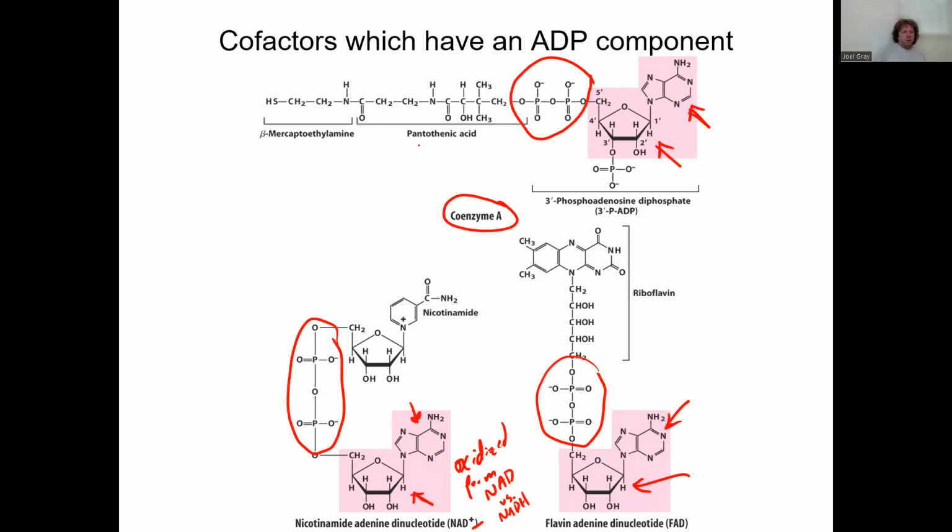What I want you to take away from this is to think about nucleosides and nucleotides as not simply being involved in DNA and carrying genetic material, but instead they're kind of a building block. Now, coenzyme A is in tons of metabolic processes, fatty acid breakdown or synthesis.